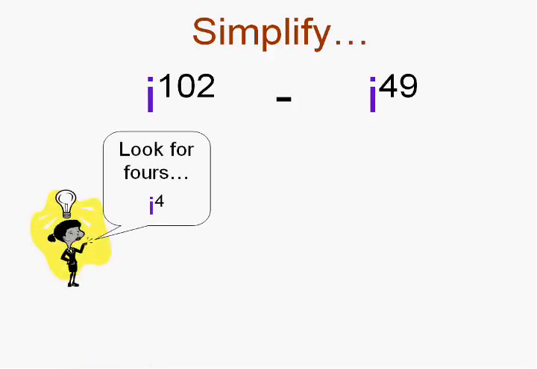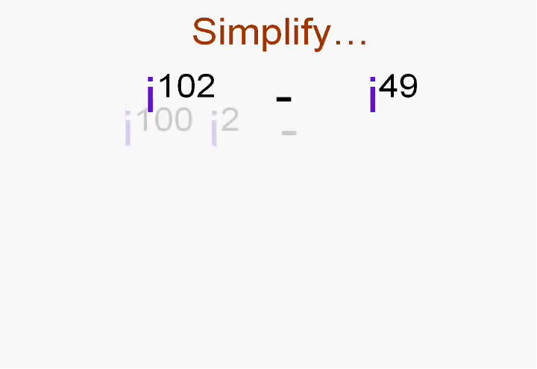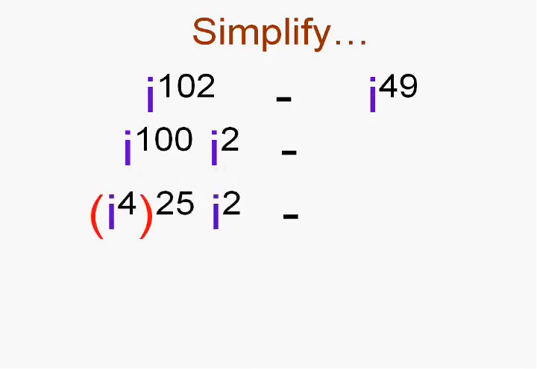I always say look for 4s, because remember what i to the fourth is: 1. So anytime you have an i to the fourth or a factor of i to the fourth, you can throw it out. Well, i to the 102nd is really i to the 100th times i to the 2nd, isn't it? Because we add exponents. And i to the 100th is a multiple of 4.